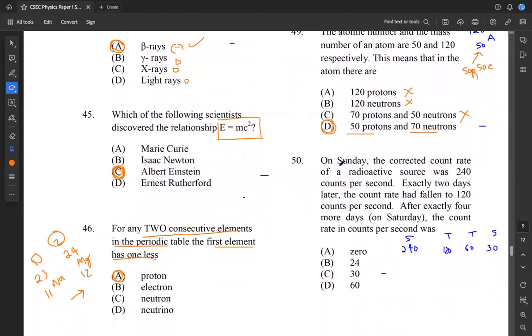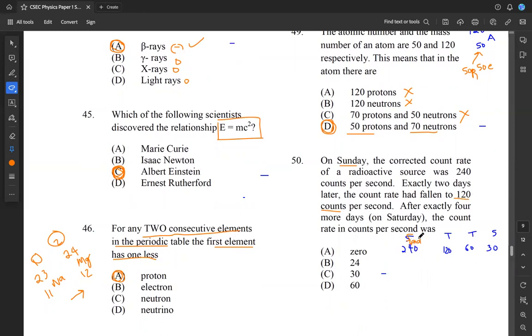Question 50 says that on Sunday, the corrected count rate of a radioactive source is 240 counts per second. So on Sunday, we have a count rate of 240 counts per second. Exactly 2 days later, the count rate had fallen to 120 counts per second.